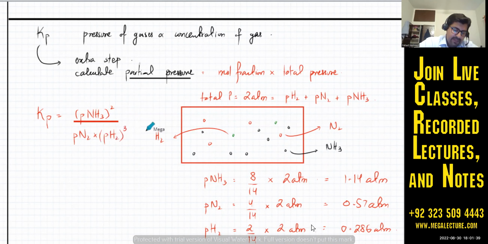So you have to plug in the values that we calculate here. It's going to be 1.14 squared, and the bottom bit here is 0.57 times 0.286 cubed.